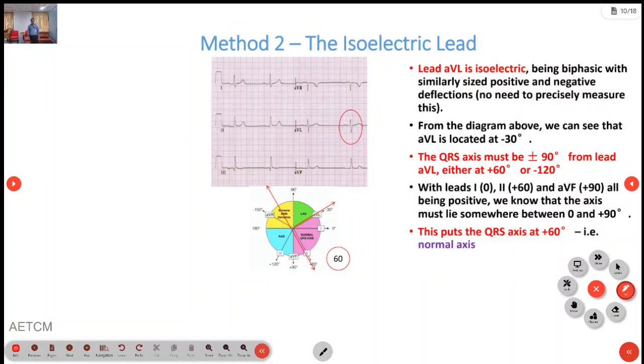Now, method 2, the other example. You can see the lead AVL is more isoelectric here. This is the AVL, the 90 degree mark.